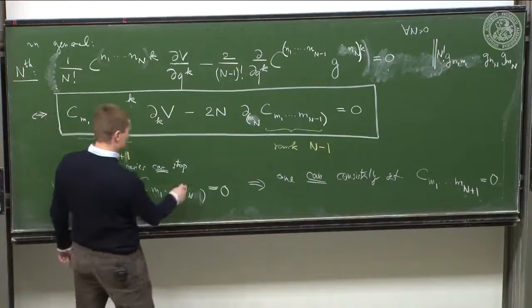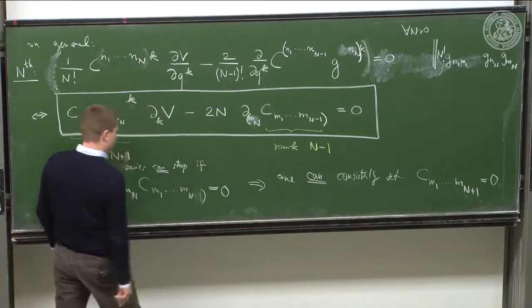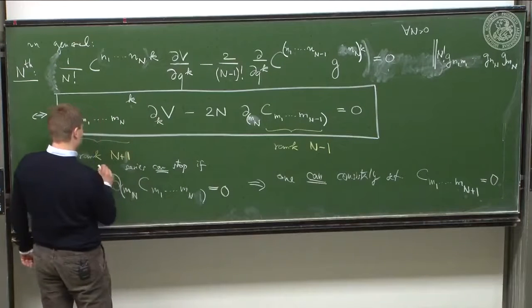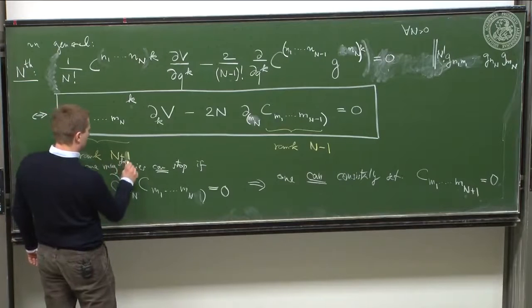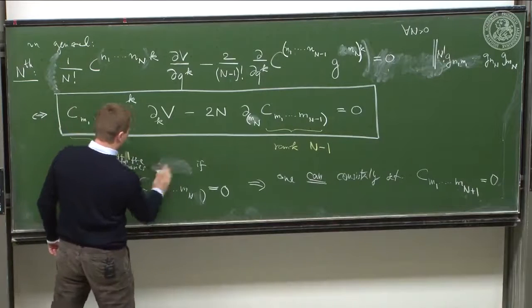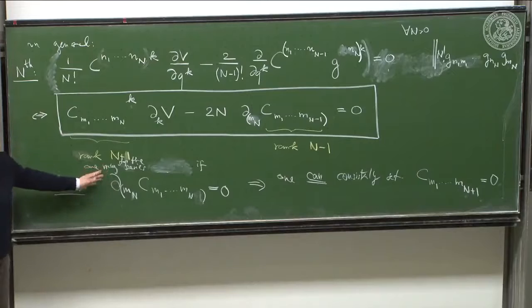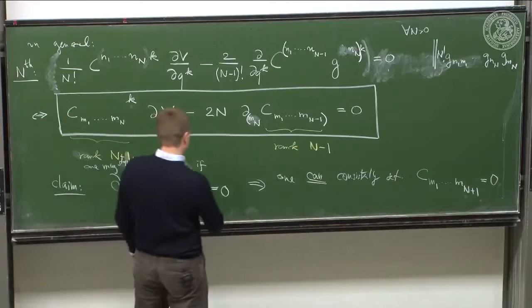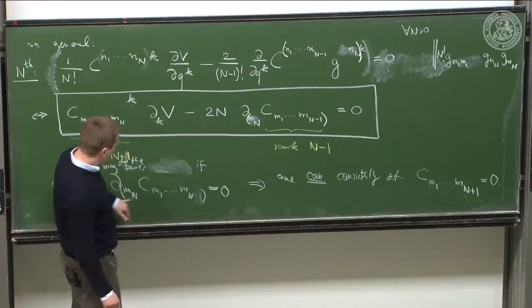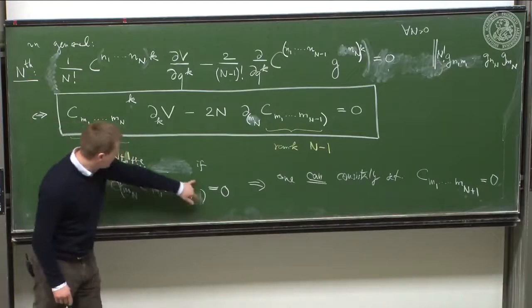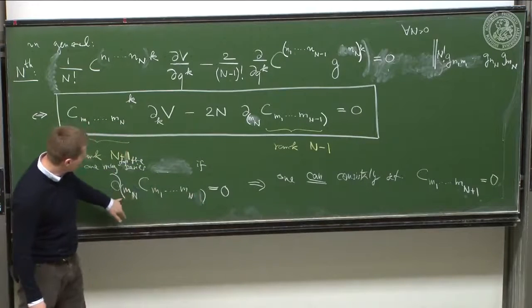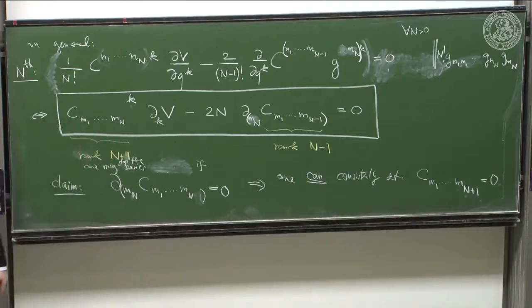One may stop the series if, so that puts you in the active role, right? One may stop the series if you can find that a coefficient is such that this derivative totally symmetrized is 0. Okay, why is this the case?